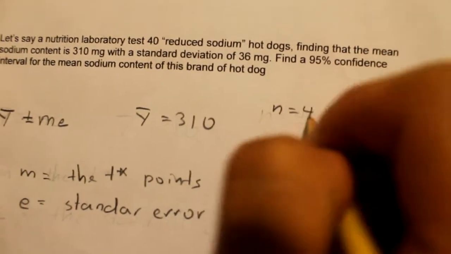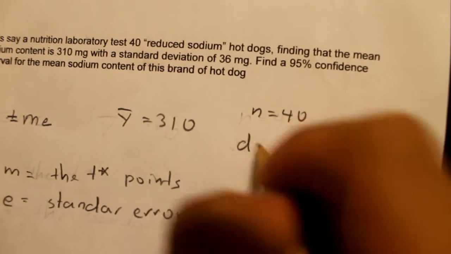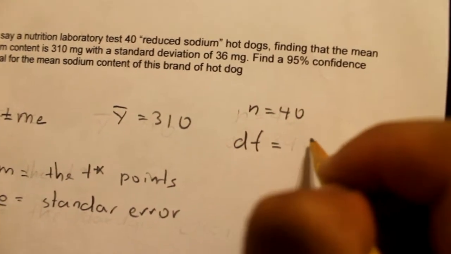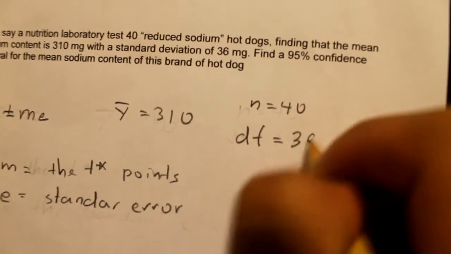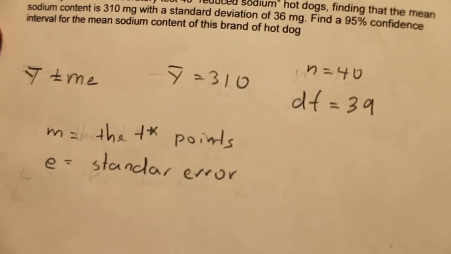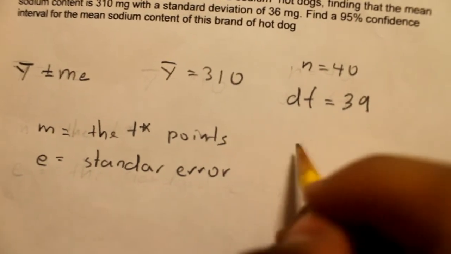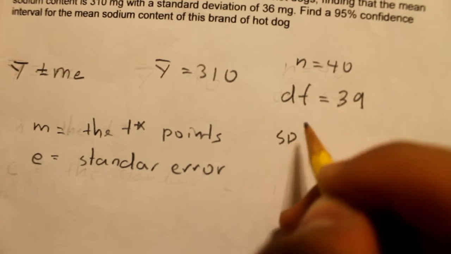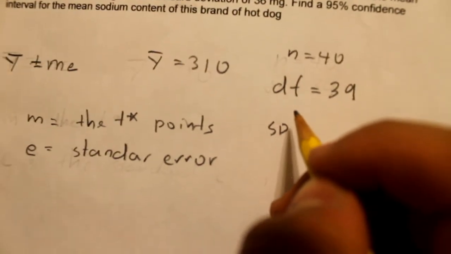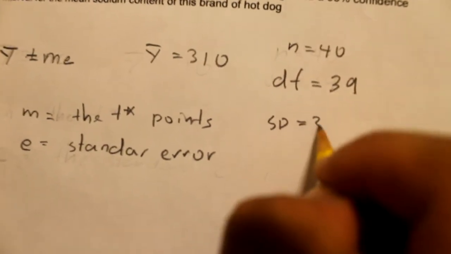In addition, n equals 40, giving us a degree of freedom of 40 minus 1, or 39. Standard deviation is also given. The standard deviation of the sample is given at 36.